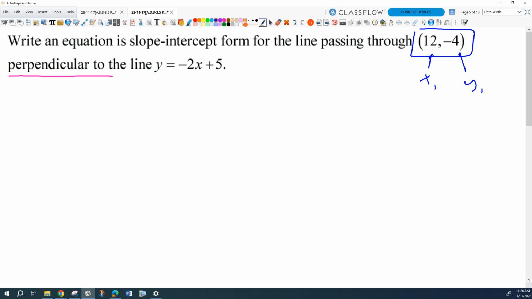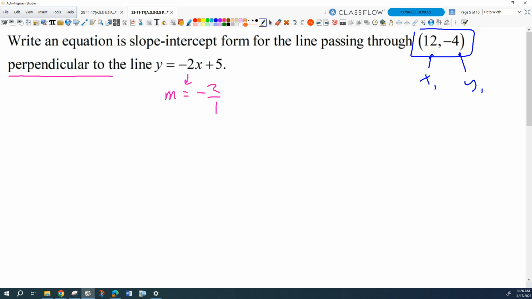Like negative 2/1. Okay, so there's one thing we know. We know the slope of this line is negative 2/1. So what's it going to be? 1/2, exactly. Because my line needs to be perpendicular to that one, right? What do we know about perpendicular slopes?